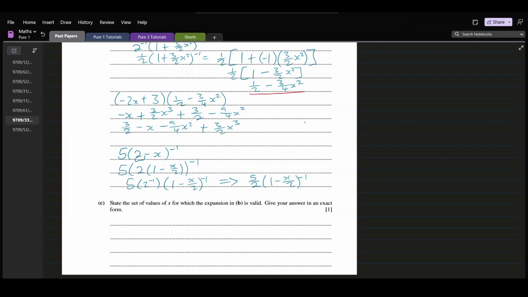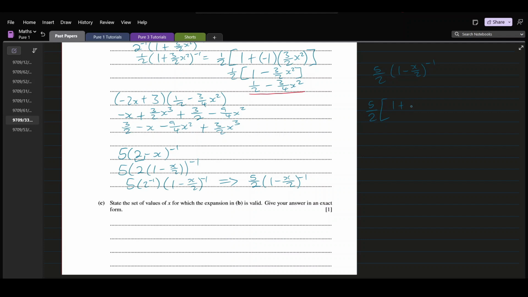We've run out of space here, so I'll just work that out on the side. So this is 5 over 2, 1 minus x over 2 to the power negative 1. Let's use the formula for binomial expansion.